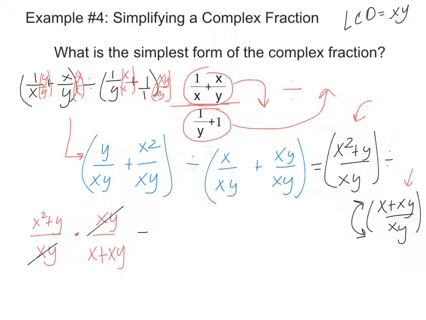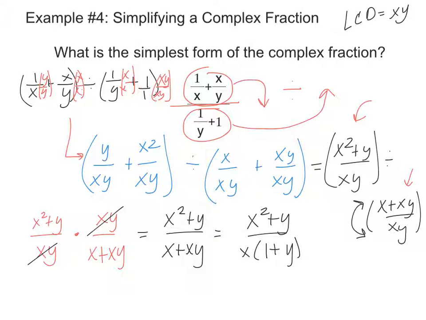And so that leaves me with x squared plus y over x plus xy. And this is almost factored except for this denominator. So our final answer should be x squared plus y over x times 1 plus y. And that is our final answer.